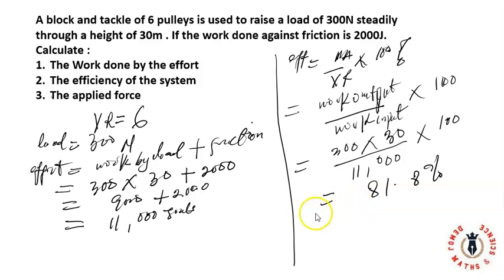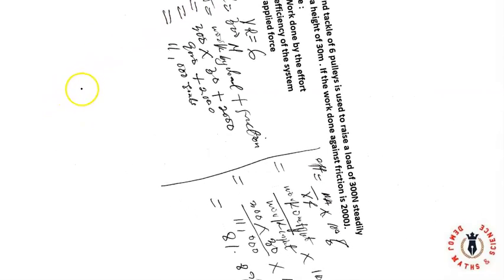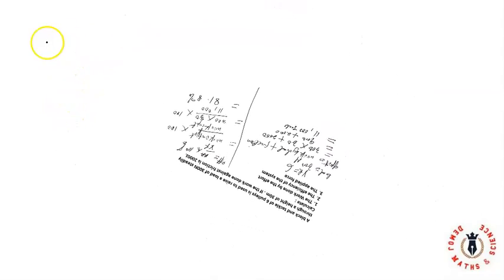Now, the last part of the question wants us to calculate the applied force. To calculate the applied force for this system, let's remember that efficiency of the system is the same thing as MA over VR times 100. We've gotten efficiency to be 82.